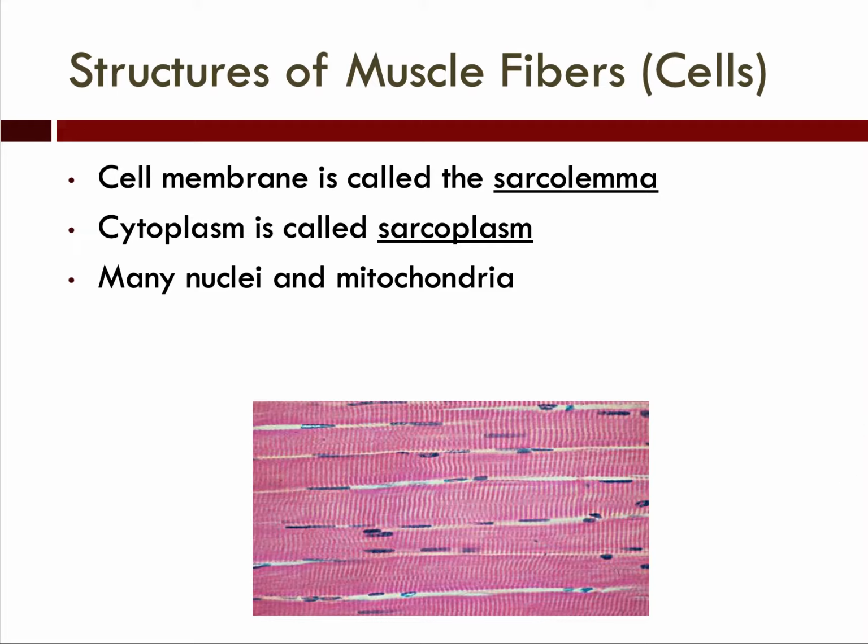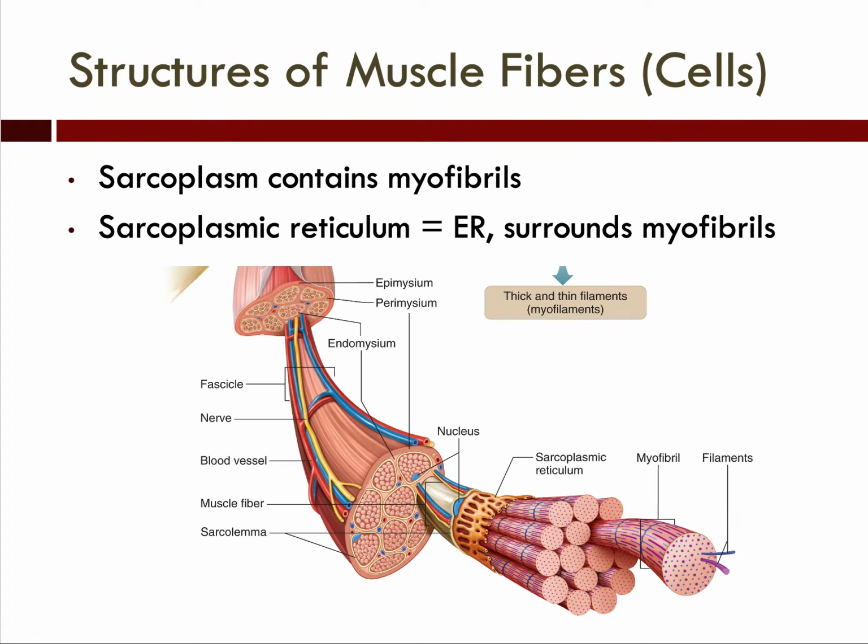Now let's look at the structure of a muscle fiber. Within the sarcoplasm, you have even tinier bundles called myofibrils. The sarcoplasmic reticulum is a different name for the endoplasmic reticulum, and it's going to surround myofibrils.